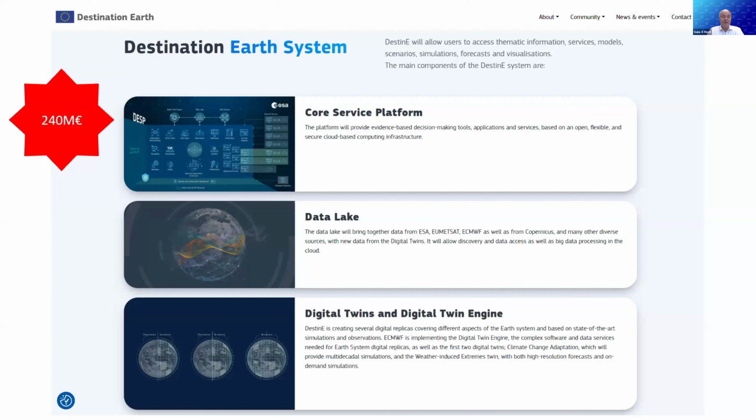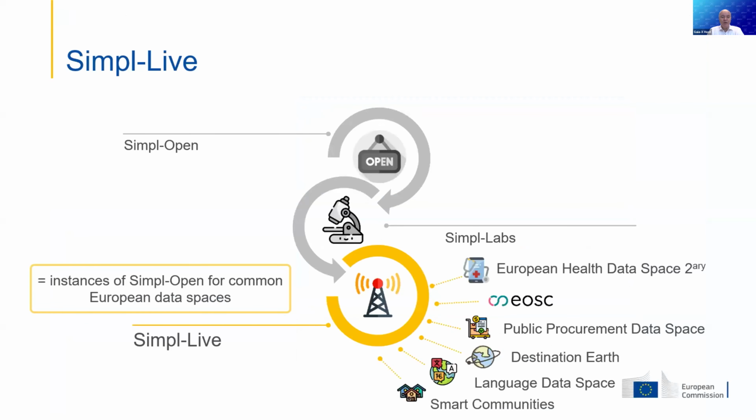And finally, on the last page, there is a procurement activity called Simple, also a project of DG Connect. And Simple has the main task in collaboration with the activities we are driving together with partners to create interoperable data spaces based on a federated cloud infrastructure.